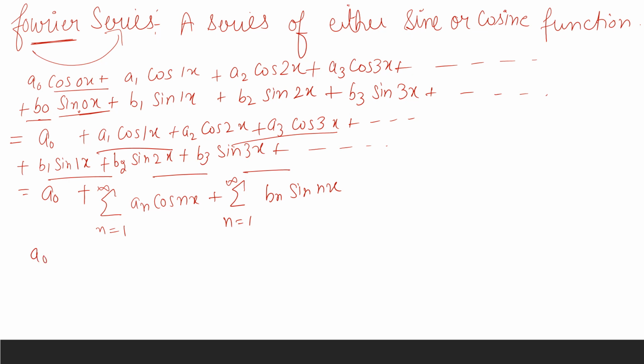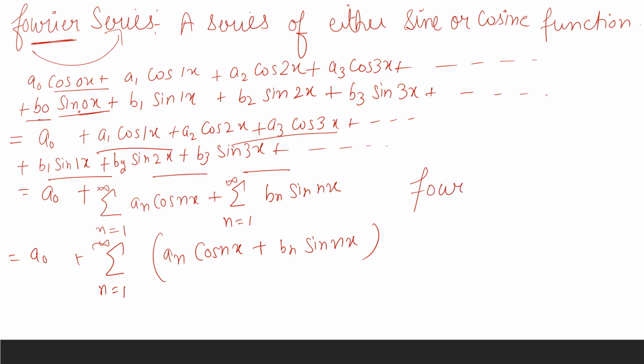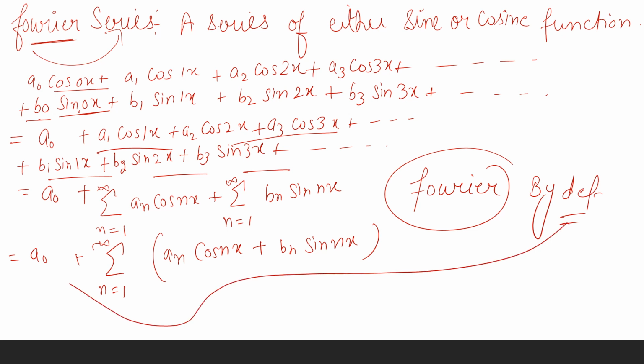Taking the summation common from the last two terms, we get an cos nx plus bn sin nx. And in the formula given by Fourier, by definition, they give a naught by 2 instead of a naught.